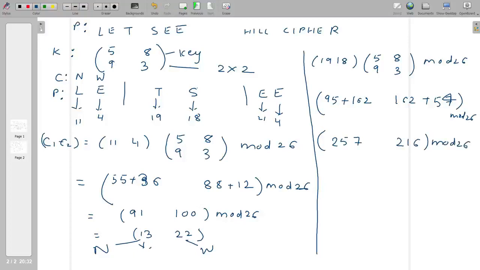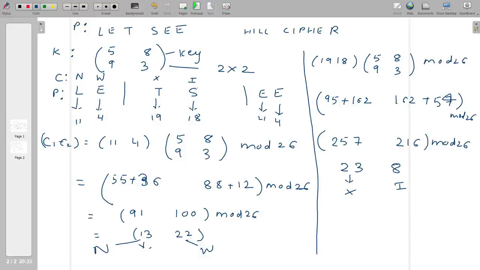When we divide 113 by 26, the remainder is 9, and when we divide 158 by 26, the remainder is 2. So T and C is encrypted as the corresponding letters.